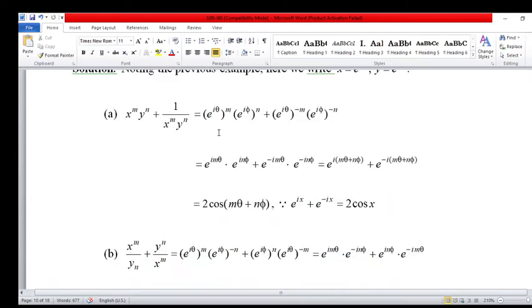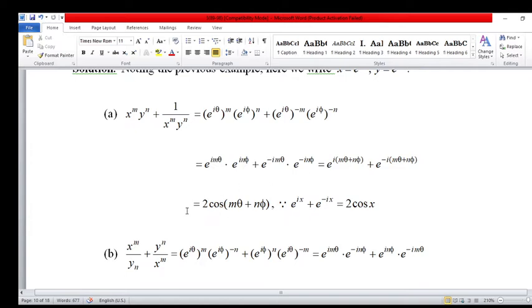Now multiply: e raised to the power i m theta, e raised to the power i n phi, plus e raised to the power minus i m theta, and e raised to the power minus i n phi, is equal to, the base being the same, e raised to the power i times m theta plus n phi, plus e raised to the power minus i times m theta plus n phi.